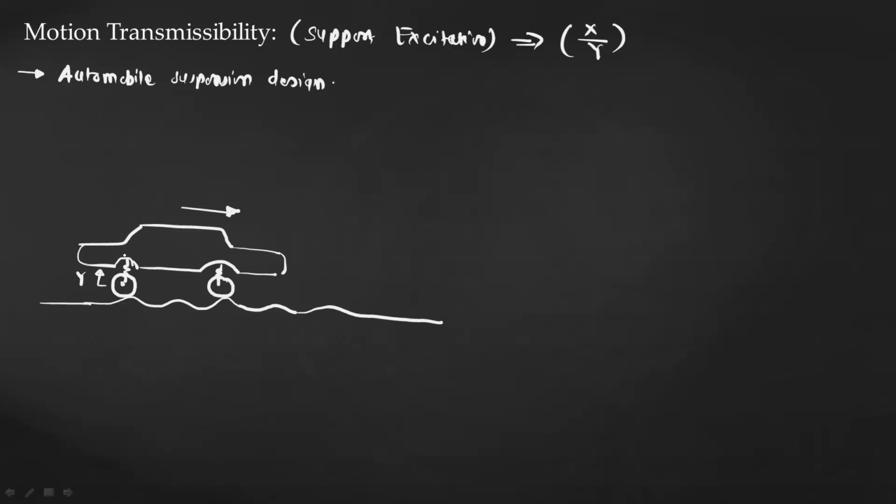And the displacement which is actually transmitted to the rest of the chassis or to the rider, that displacement is nothing but the x value. So that ratio, the displacement transmitted to the chassis to the displacement of the wheel, is nothing but the transmissibility.